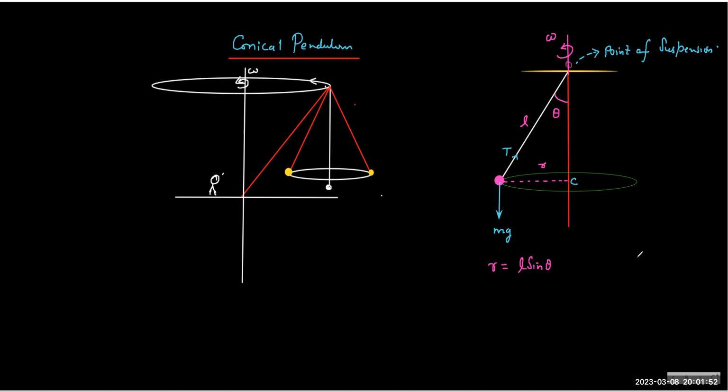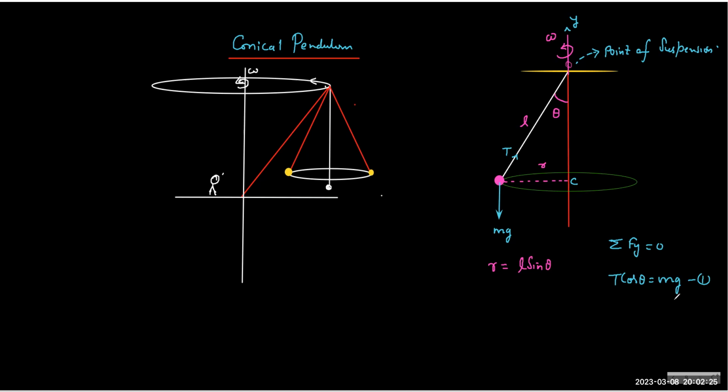So because your circle is horizontal, the net force in the vertical direction is balanced. Let's say this is y. So can we say the net vertical force is balanced? And if we can say, then what will we write here? T cos theta equals mg. Very good.